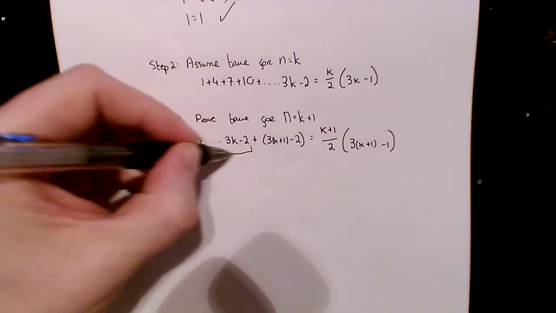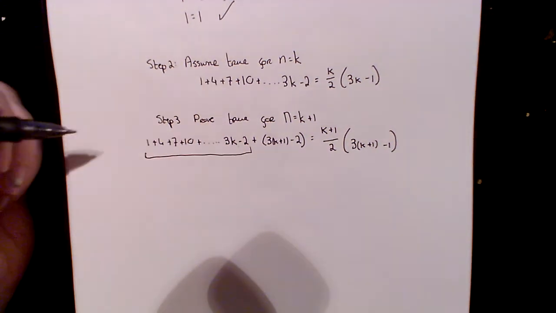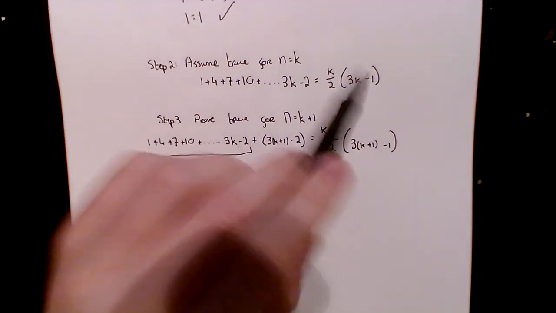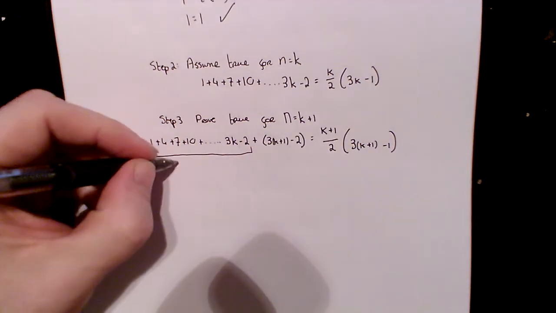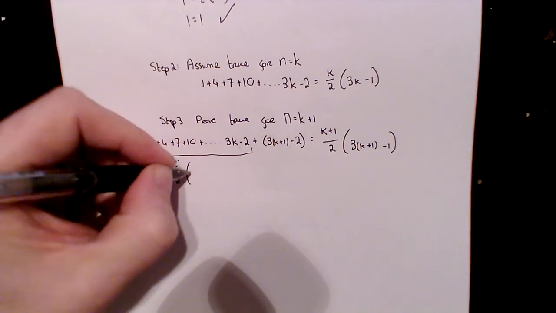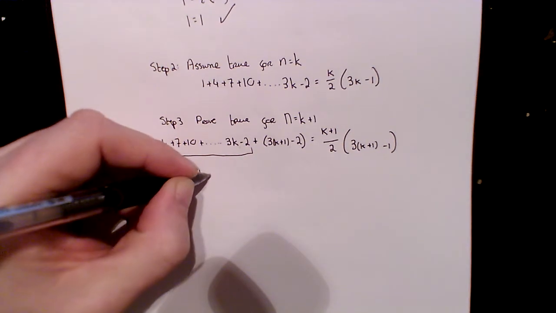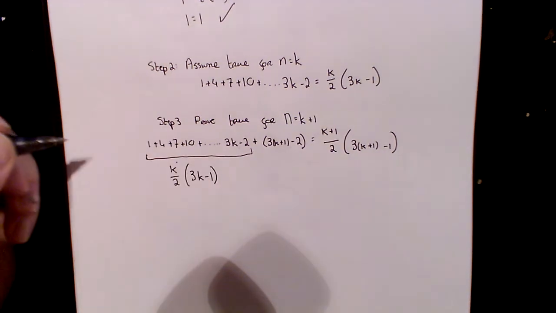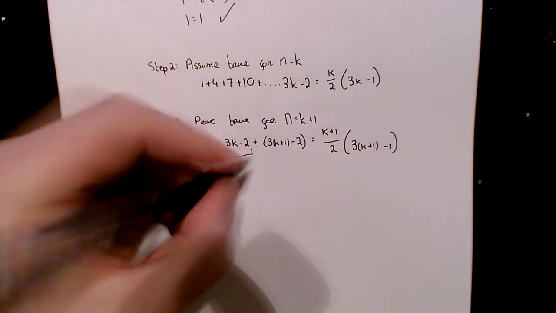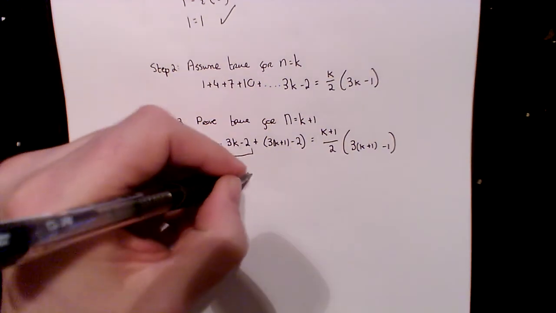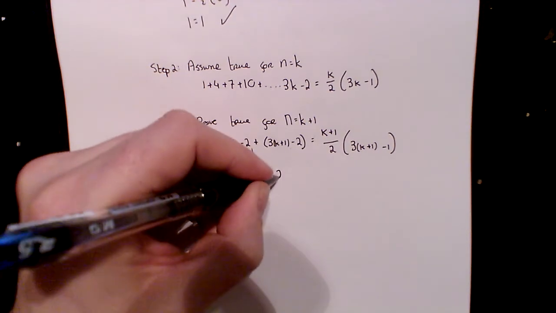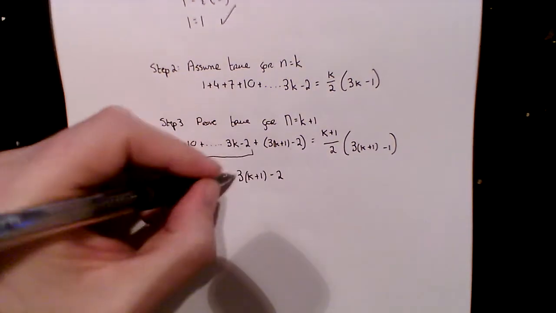Okay, so now I need to just show that all of this side equals this side. Well, the first thing I'll do is take the first piece of it, and I'll say, well, this all equals this. So I'll rewrite this as k over 2 times 3k minus 1, and then I will add this to it, which is 3k plus 1 minus 2.